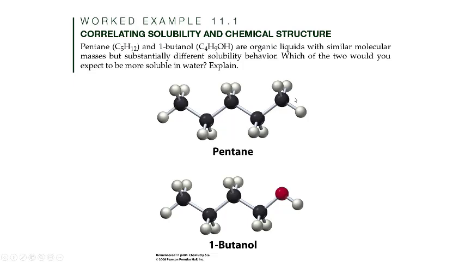We know that H2O, water, is a polar solvent. Therefore, like dissolves like: 1-butanol will likely dissolve in our polar water because it is itself polar, whereas pentane will not dissolve in water because it is nonpolar and water is polar.